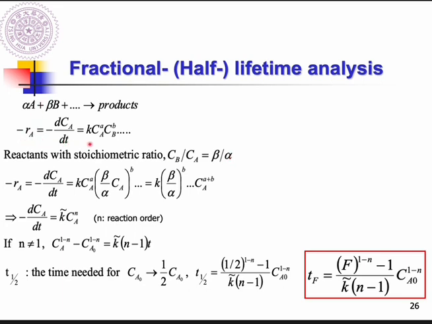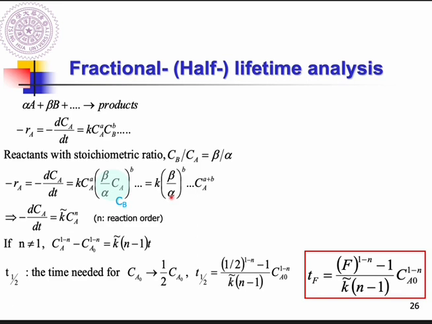I rewrite this rate equation by substituting CB as beta divided by alpha times CA, raised to b. Next I arrange them and put the CA together, so we have CA to a plus b, and the rest of the coefficients put together.